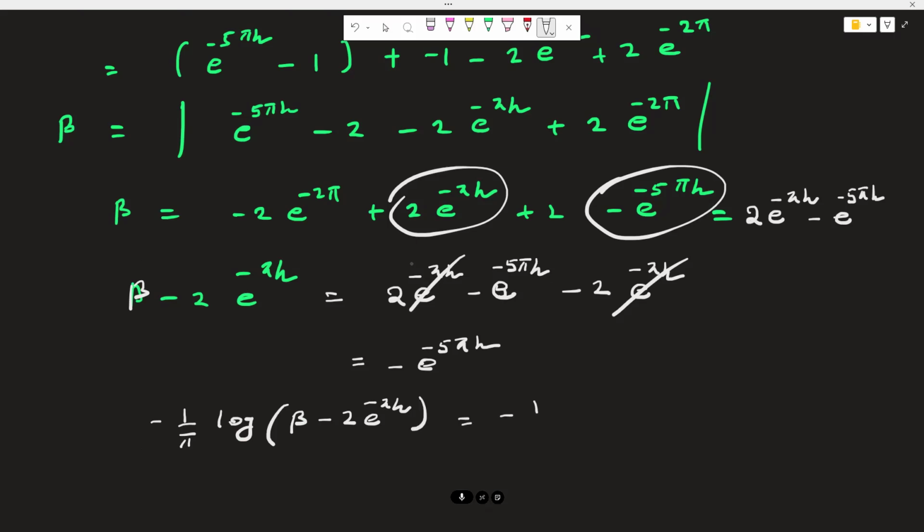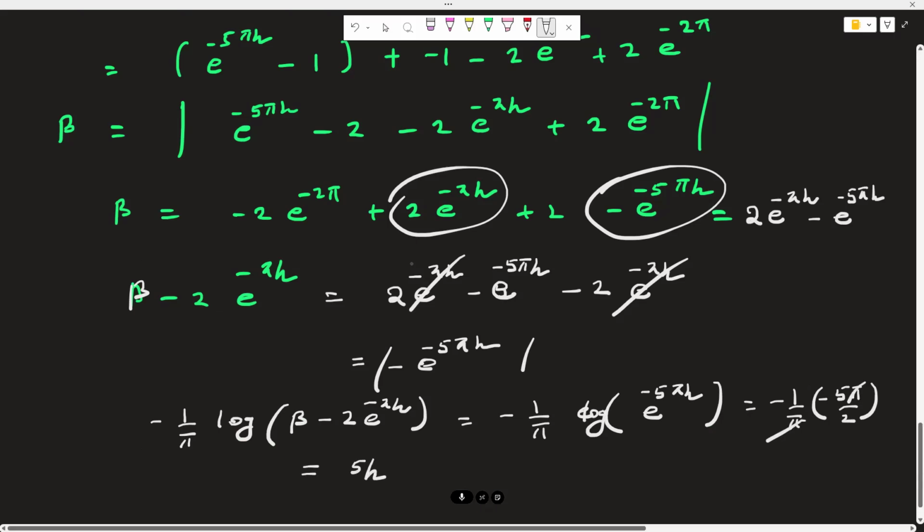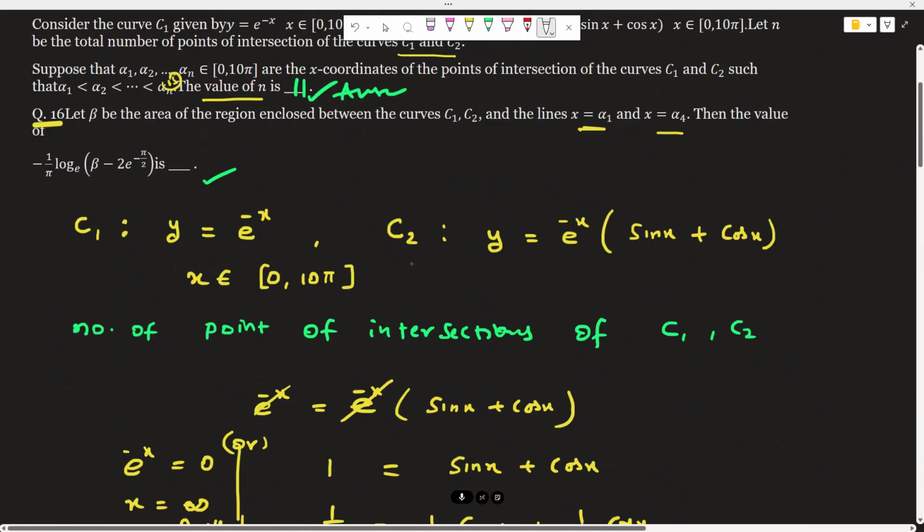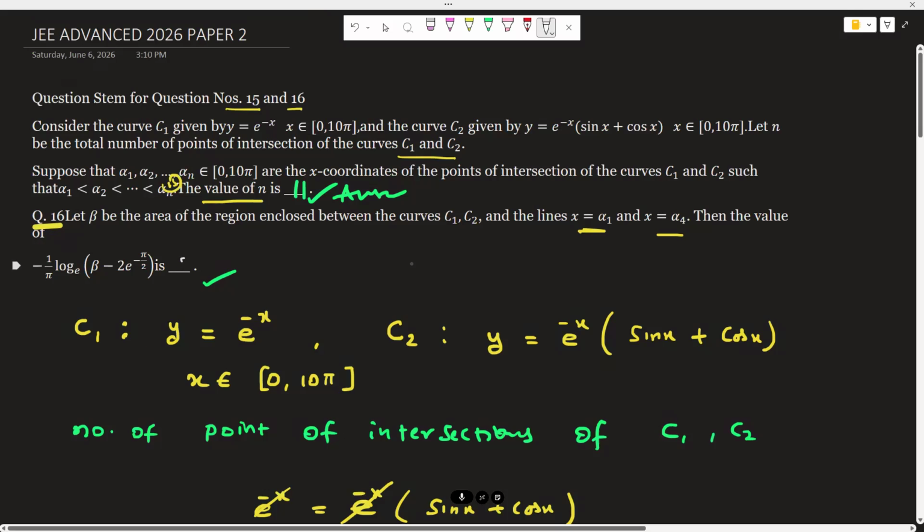Take the modulus sign, then it will be minus 1 by pi log e power minus 5 pi by 2. Then it will be minus 1 by pi times minus 5 pi by 2. Log e is 1. Pi cancels, minus cancels. So 5 by 2 is 2.5. So this is the answer for question number 16, 2.5.